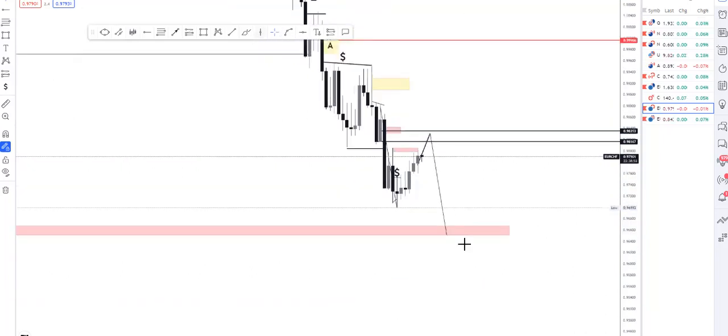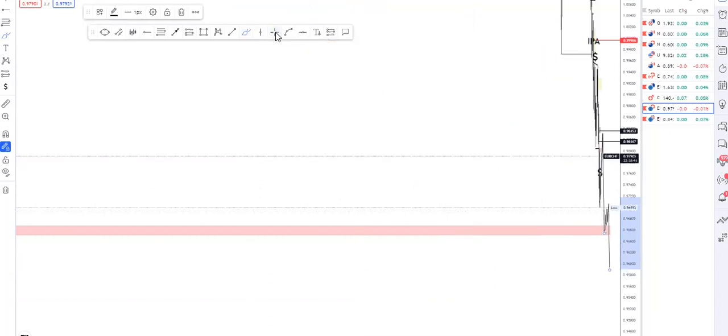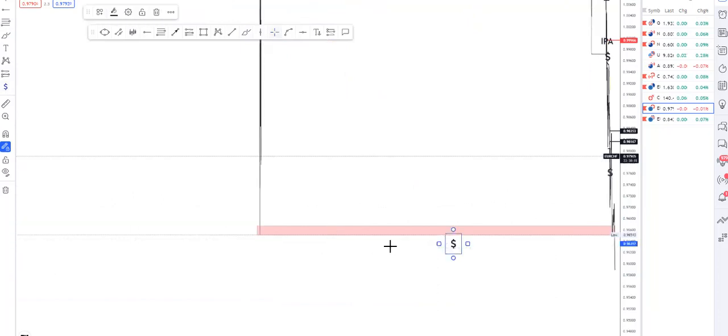Now price will be preparing to take out orders from here, because so many traders will be looking to buy these double bottoms.